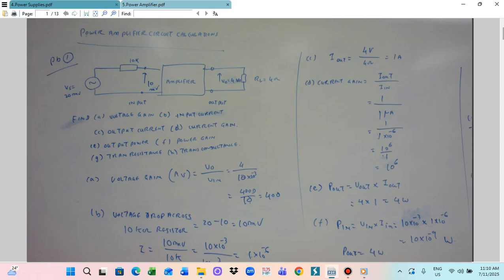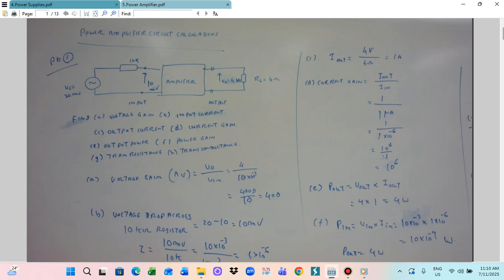And B, input current. So for the transistor situation, the input current can be calculated because of the voltage. So this one is 20 millivolt, this one is 10 millivolt. And also you can calculate the current. The voltage across the amplifier is 10 millivolt, the supply is 20 millivolt.